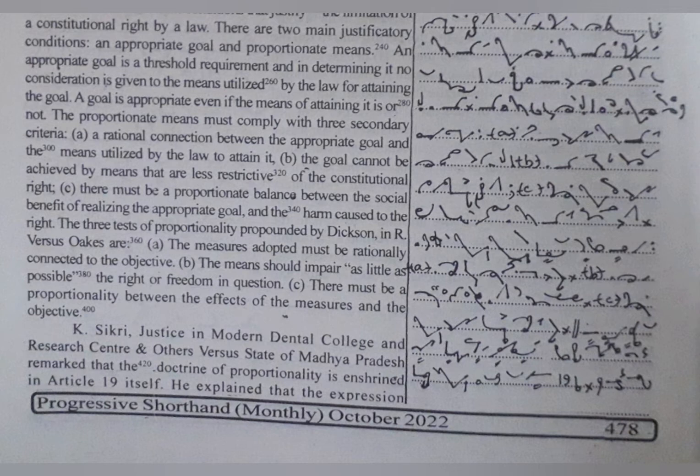An appropriate goal is a threshold requirement, and in determining it, no consideration is given to the means utilized by the law for attaining the goal. A goal is appropriate even if the means of attaining it is not.